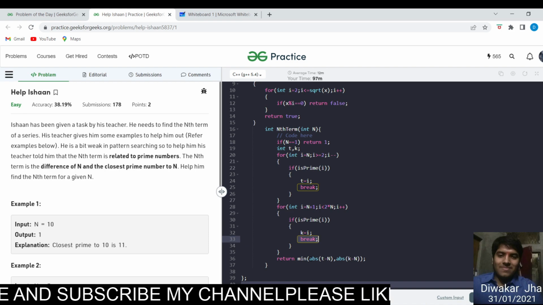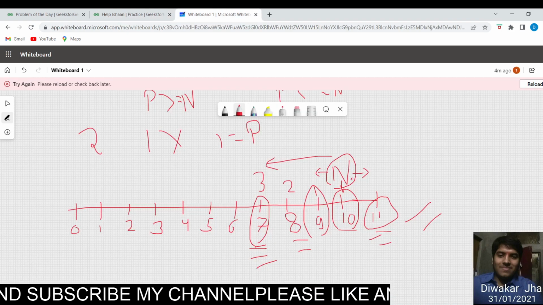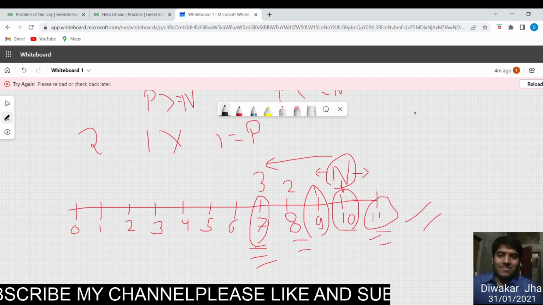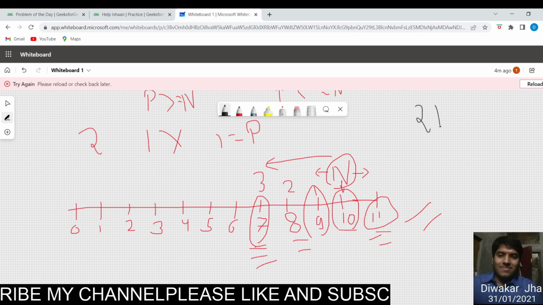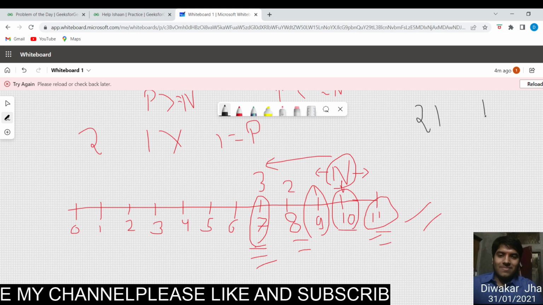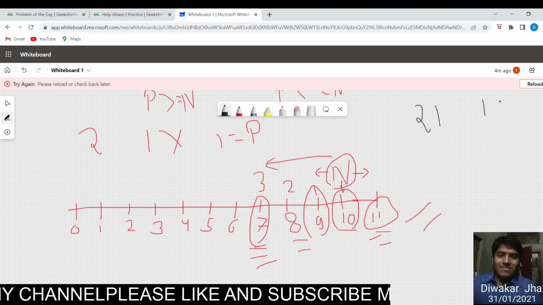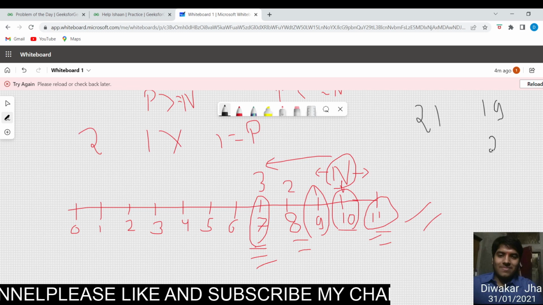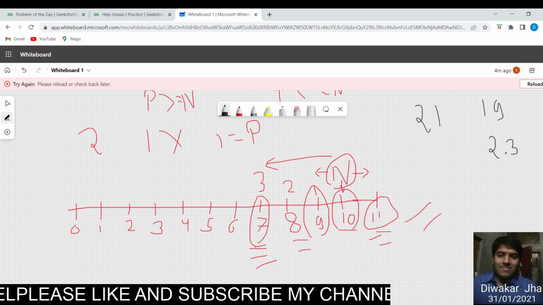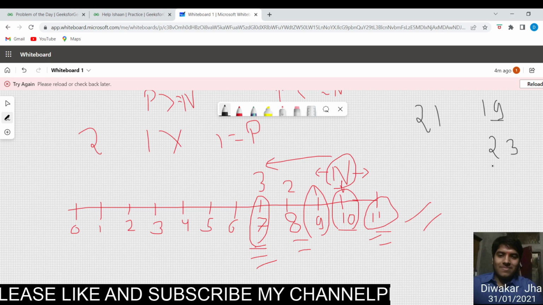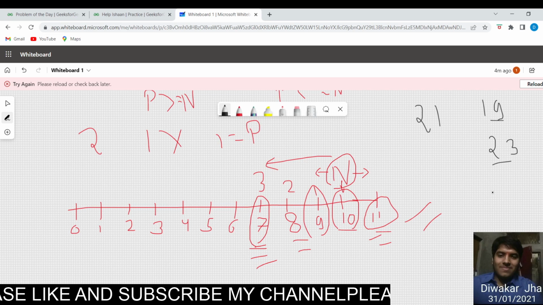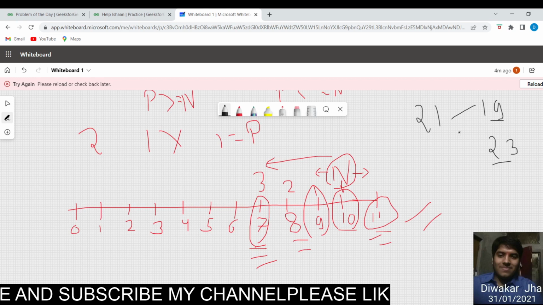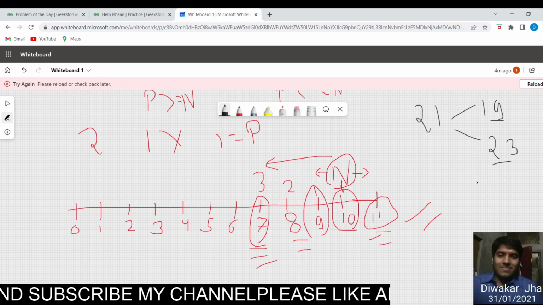At the end, we will take the absolute value. Why will we take the absolute value? Because in this example, 21 has two values, 19 and 23. Both are prime numbers and closest to 21.